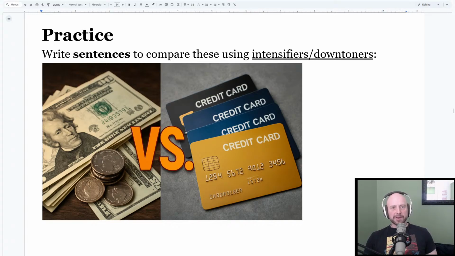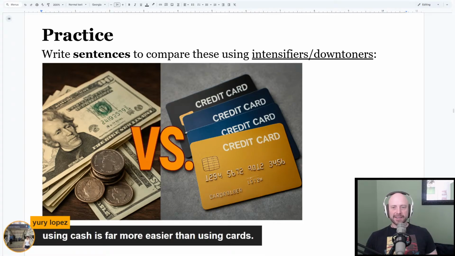We might think, which of these is more convenient? Which one's more old-fashioned? Using cash is far easier. So, Yuri, we're going to take out the word more. Using cash is far easier than using cards.